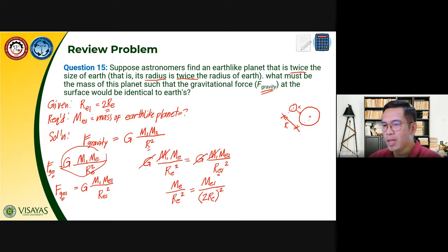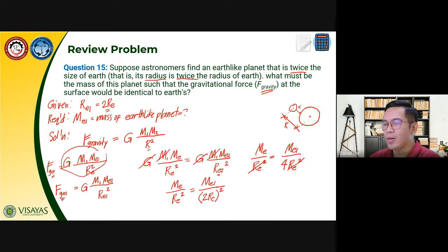Distributive property of exponent. So we can write that equation as M sub E over R sub E squared is equal to M sub EL divided by 4, because 2 squared is 4, R_E squared. So we can cancel the factor R_E squared.